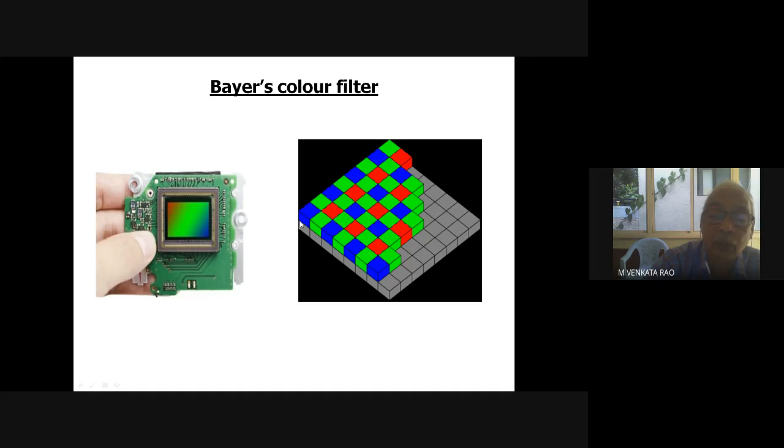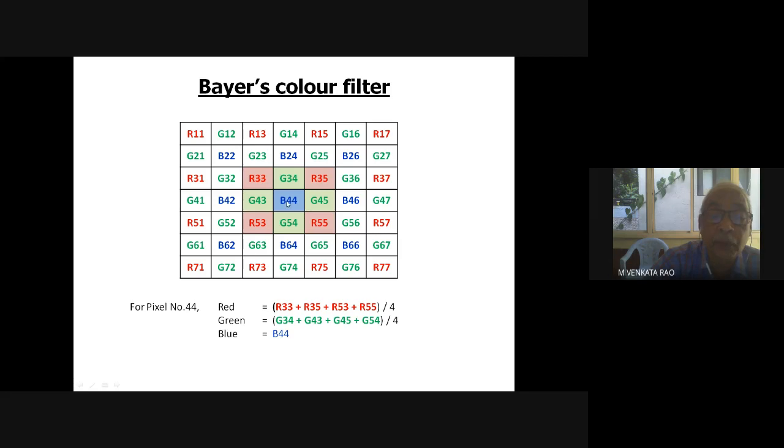For this pixel, let us say blue pixel 44, you take the blue contribution as it is, the green contribution is the average of these 4 green, and the red contribution is the average of these 4 red. They apply those values to this pixel and put the pixel value there. That is how you get the color image.